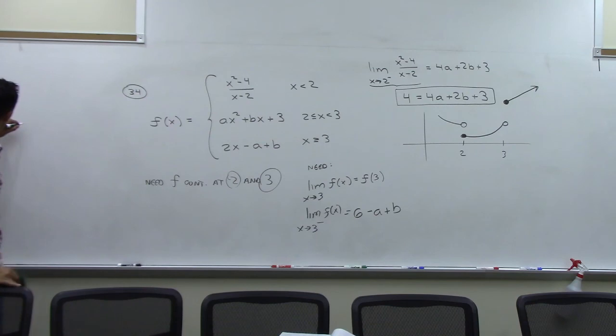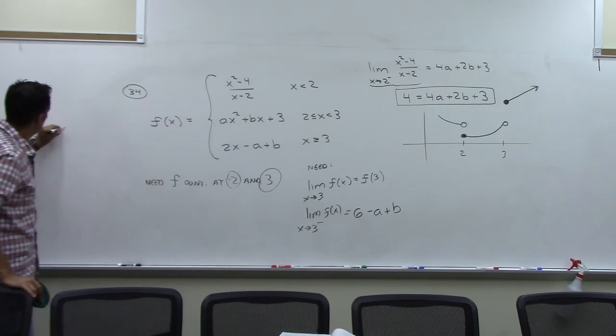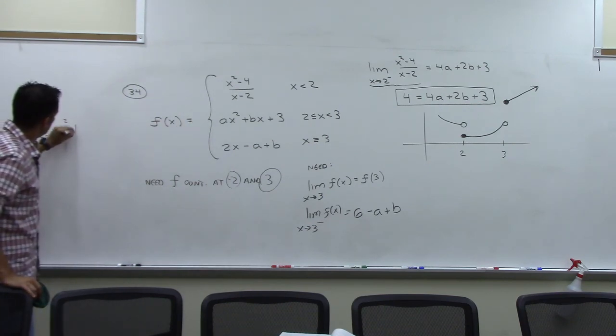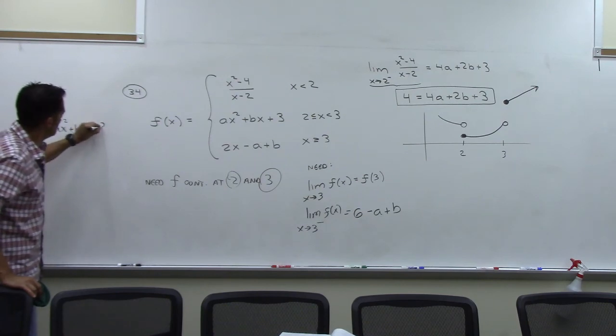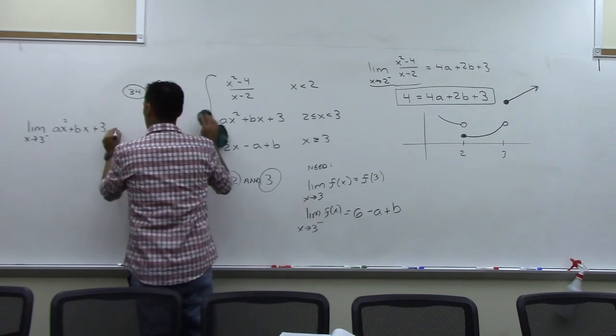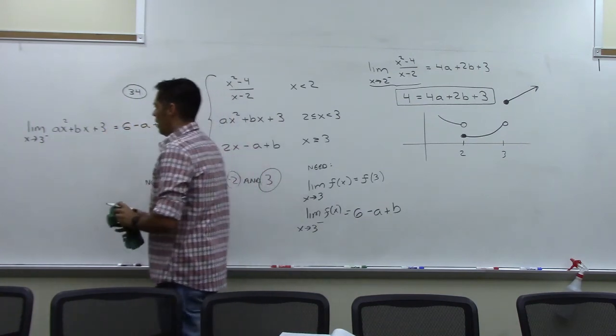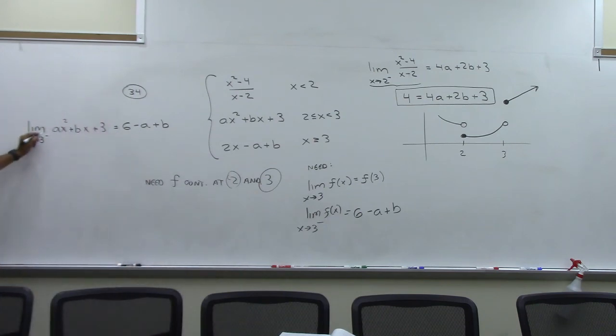Continuing that, I have limit x approaches 3 from the left of the middle function, ax squared plus bx plus 3. That must equal 6 minus a plus b. And now I will replace all my x's with 3's.